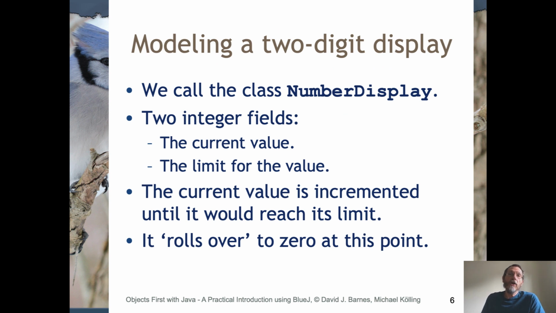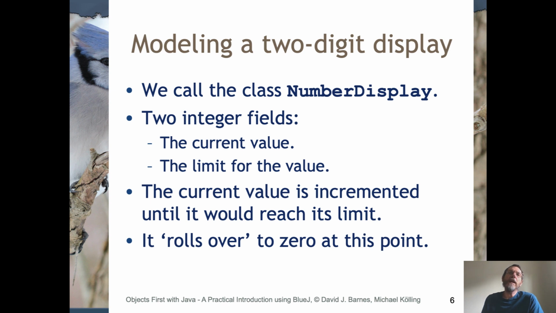So we're going to define a class that we're going to call number display. And the functionality of our number display class is going to be such that it's going to store a current value, such as what hour is it, what minute is it, and then a limit for that value, either 24 for the hours or 60 for the minutes.